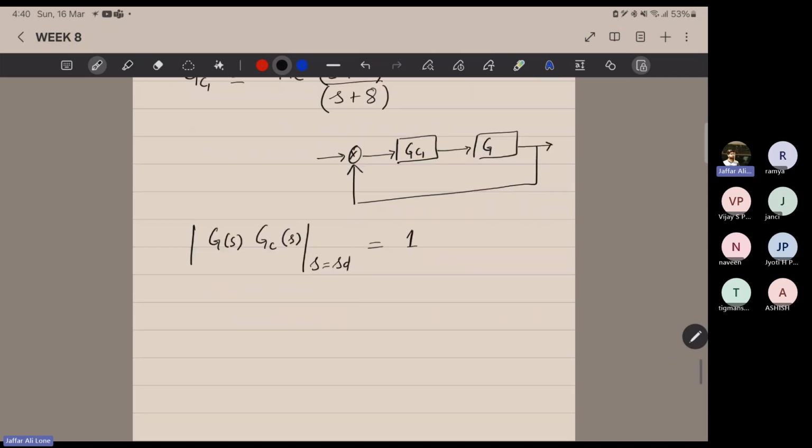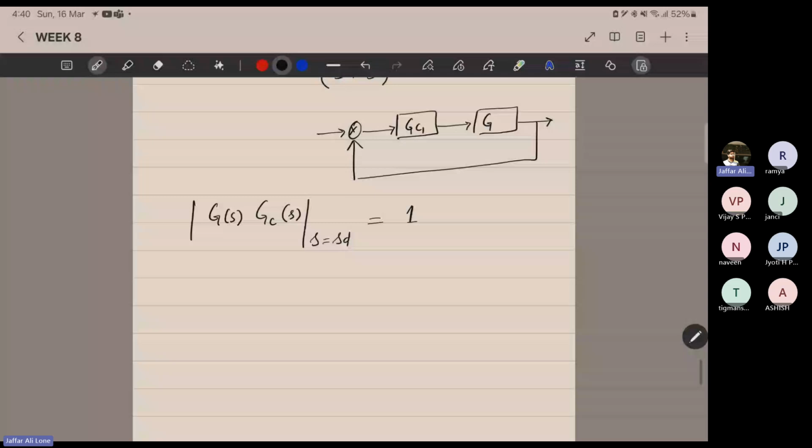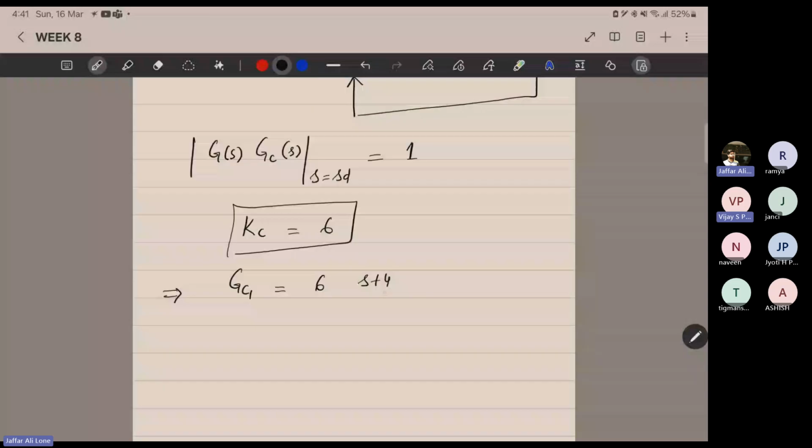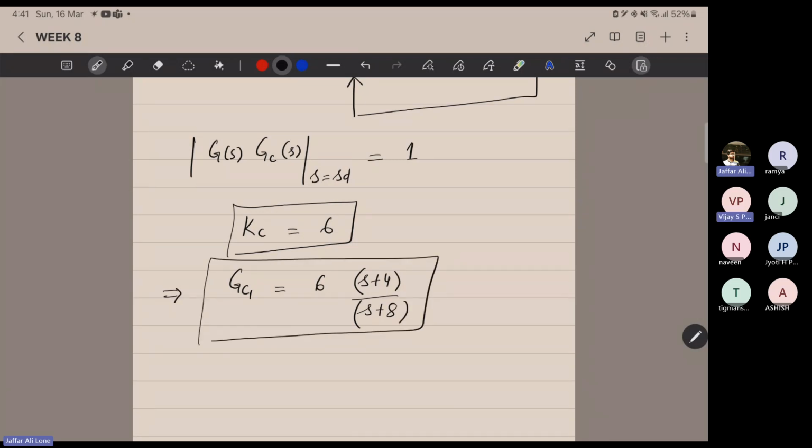So I'll satisfy this magnitude condition, and by solving, I'll find KC as 6. You'll do this, time is not permitting, which implies my GC1 is equal to 6 into S plus 4 divided by S plus 8. This is the required complete compensator for this system such that our desired transient specifications are met.